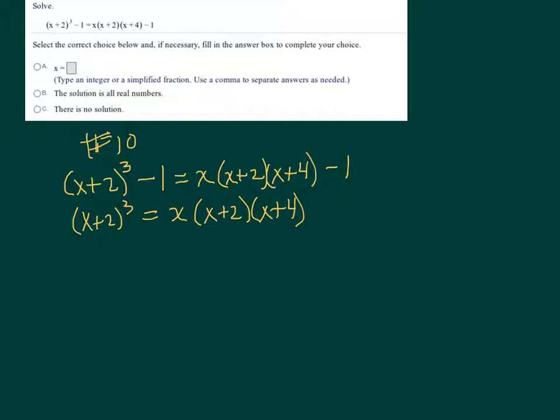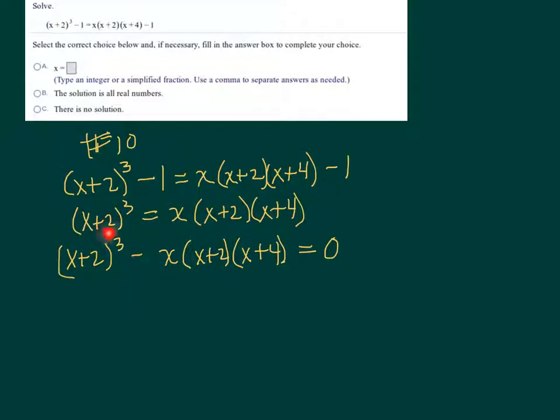And so what we're going to get is (x + 2)^3 - x(x + 2)(x + 4) = 0. So we're almost in quadratic form. Now, the other thing, I think the main thing that was giving a lot of people pause, is this binomial cubed.